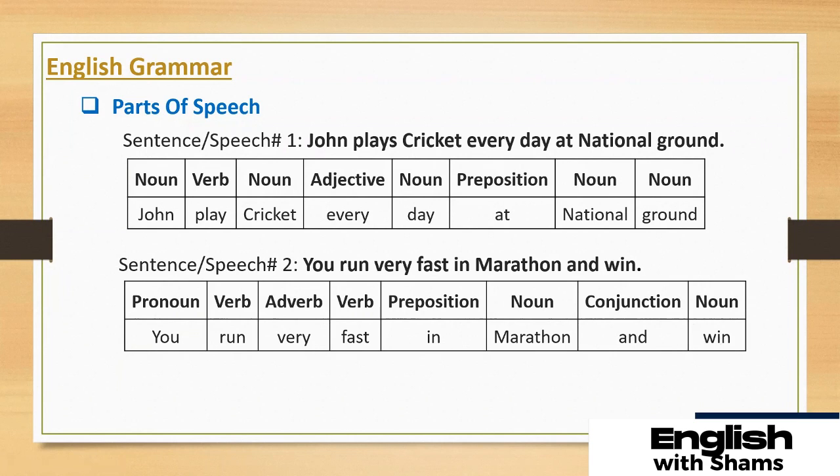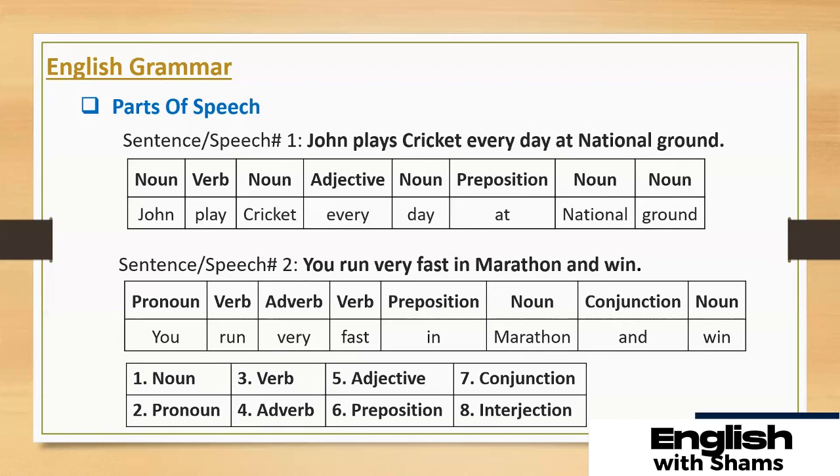So, in our topic of parts of speech, we will be discussing in detail each of the parts of speech. For example, noun, then we have general noun and then proper noun. What is the difference between them? All that we will be discussing one by one.